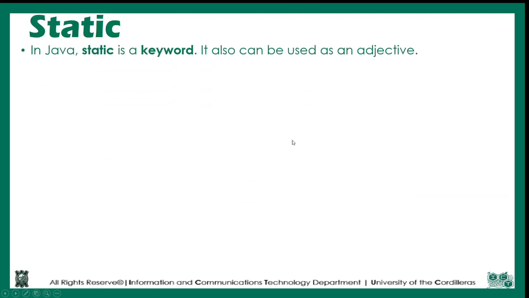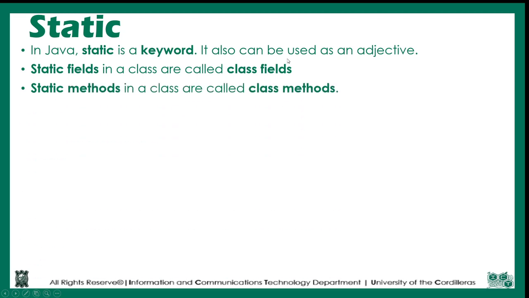Let's now proceed with the word static, because I am always mentioning it. Even from the last lesson, I explained what static means. In Java, it's a keyword, but it can be used as an adjective. Static fields, for example public static void, or public static class, are called class fields.